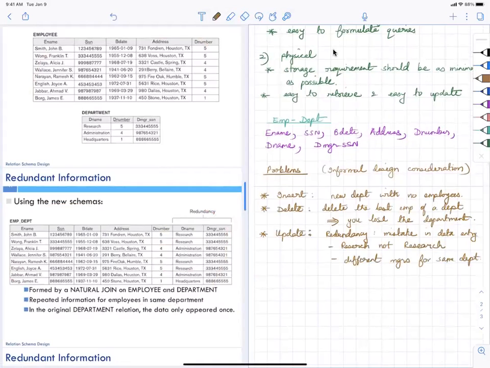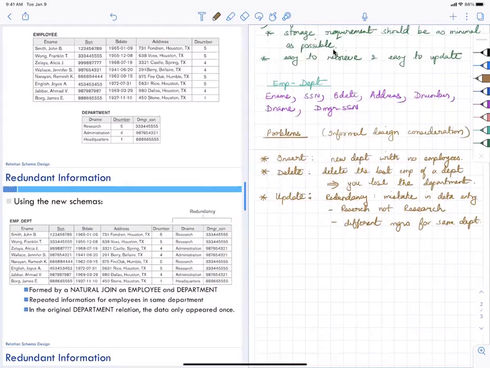So if you have a table like this, you can have all these three issues: insert, delete, and update issues. So a very informal design consideration is, do not combine two independent tables as one table.